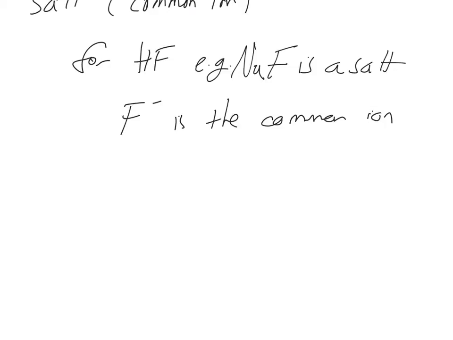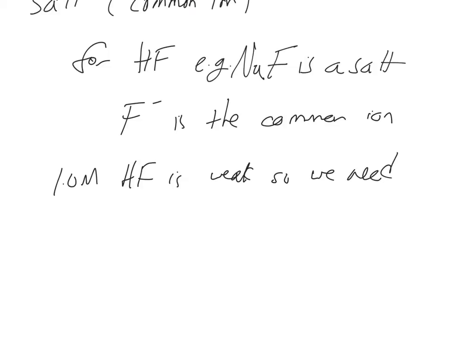Okay. So how does this all work? Now imagine if you had 1 molar HF, okay, and so 1.0 molar HF is weak. So are we going to just assume that it dissociates completely and use molarity of HF to find the molarity of H or F? Or do we do our special little friend? Yeah, so ICE has not gone away, not yet at least, and that's what we're going to need, okay?